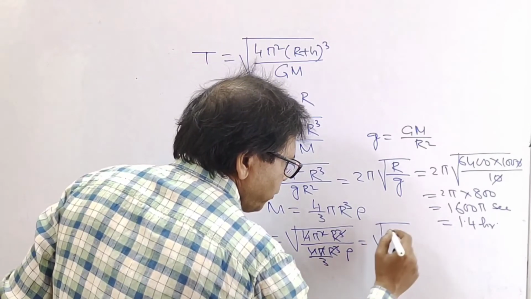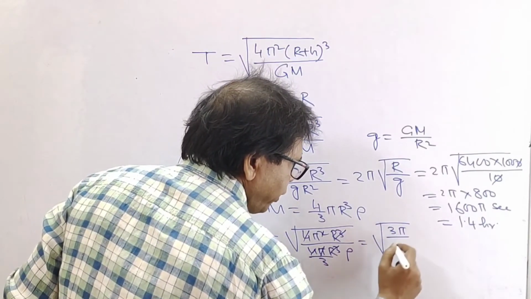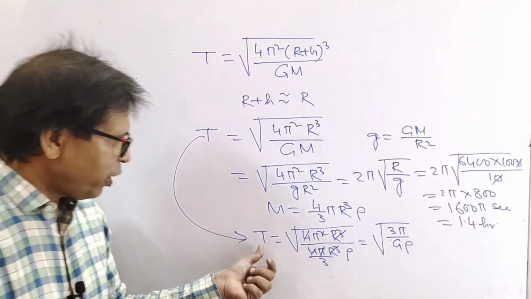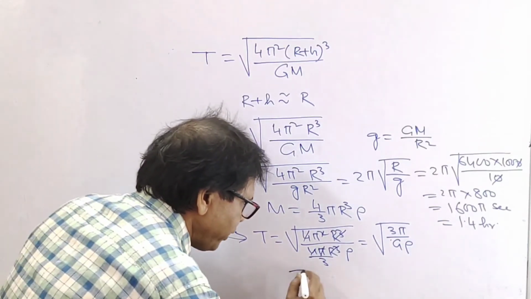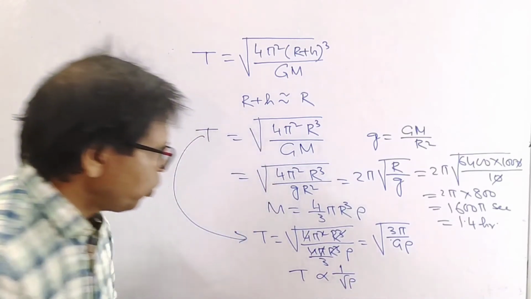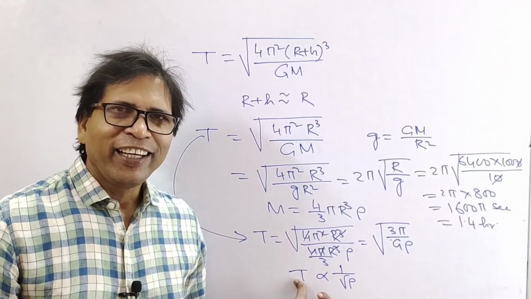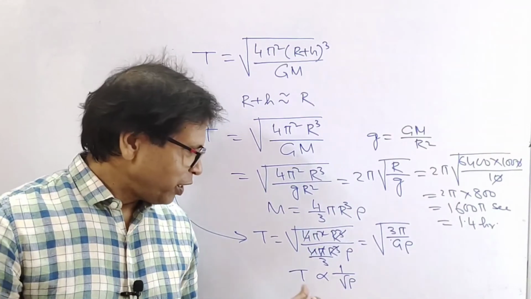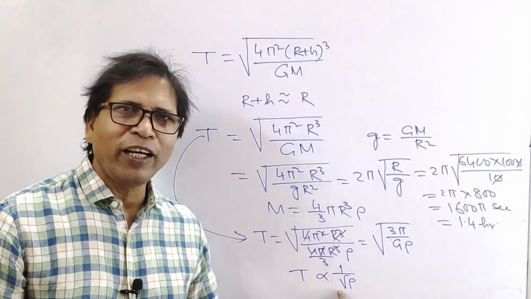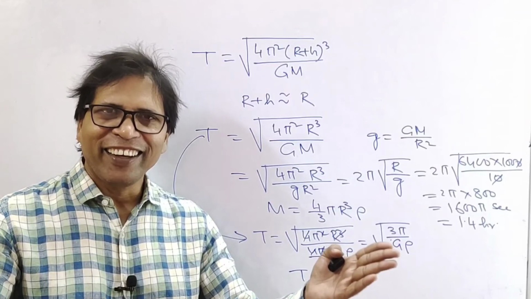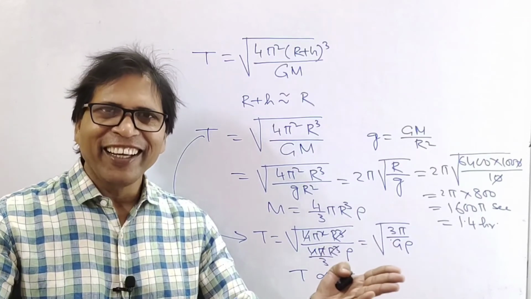So this becomes √(3π/(Gρ)). Therefore T ∝ 1/√ρ. So the period of revolution of a satellite is inversely proportional to the square root of the mean density of the earth. Okay, understood?